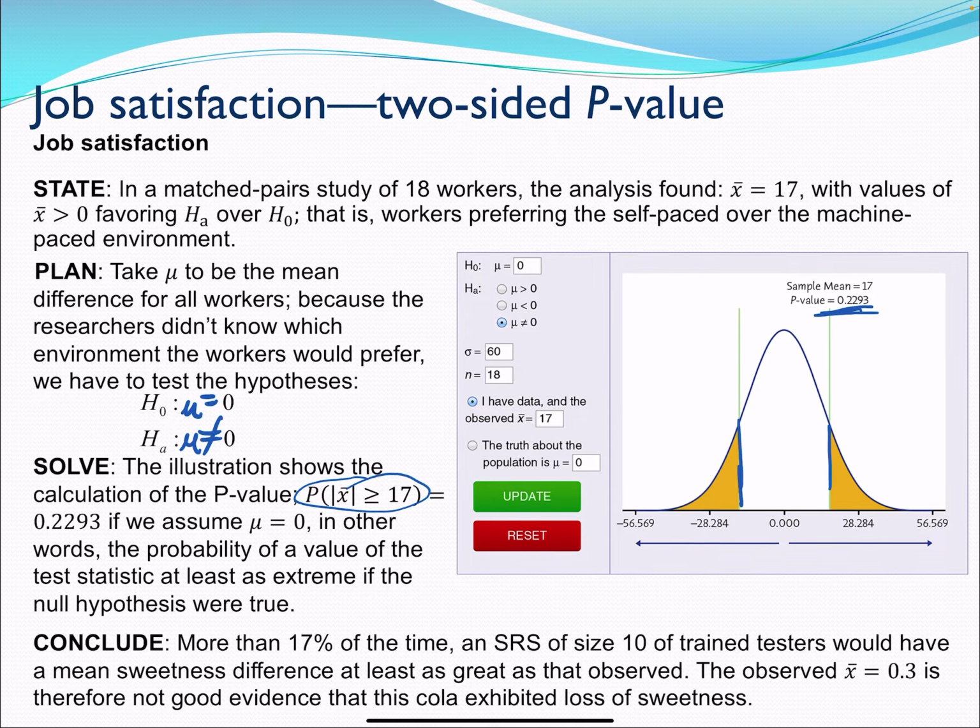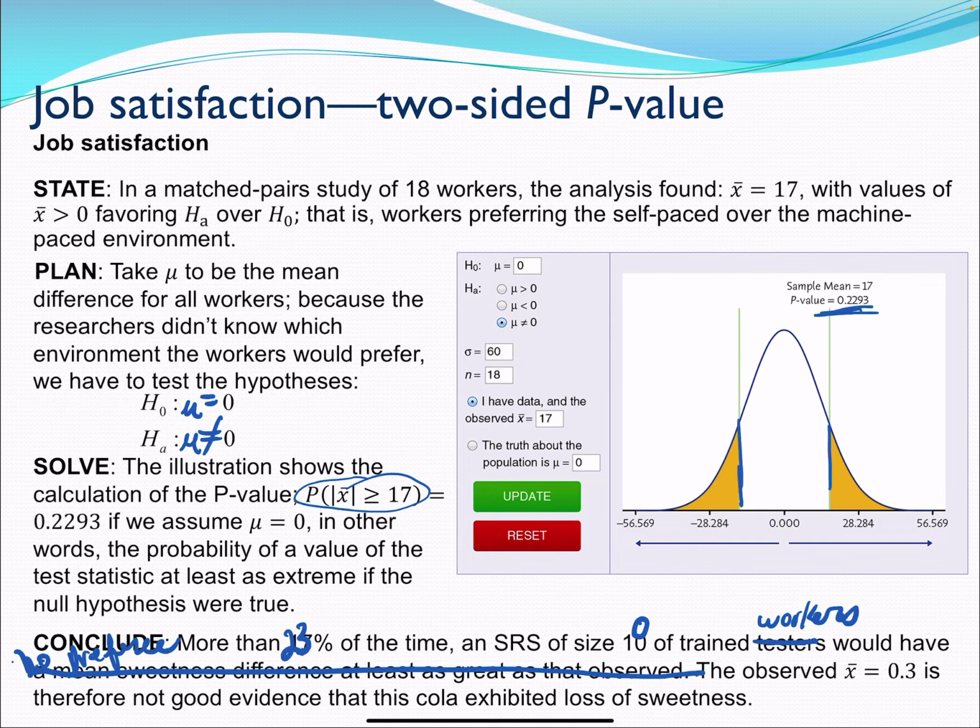And this means I can conclude that more than 23% of the time, a sample of 18 workers would have no preference.